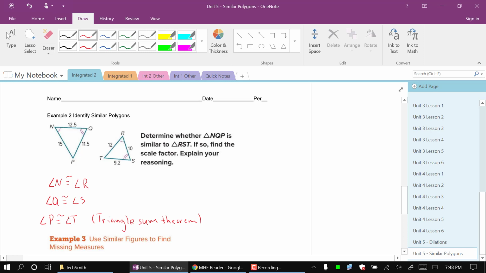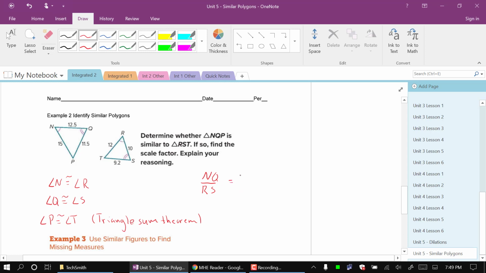Next, we want to check their corresponding side lengths. Let's start off with NQ, which is connected to RS. That's our longest side length.